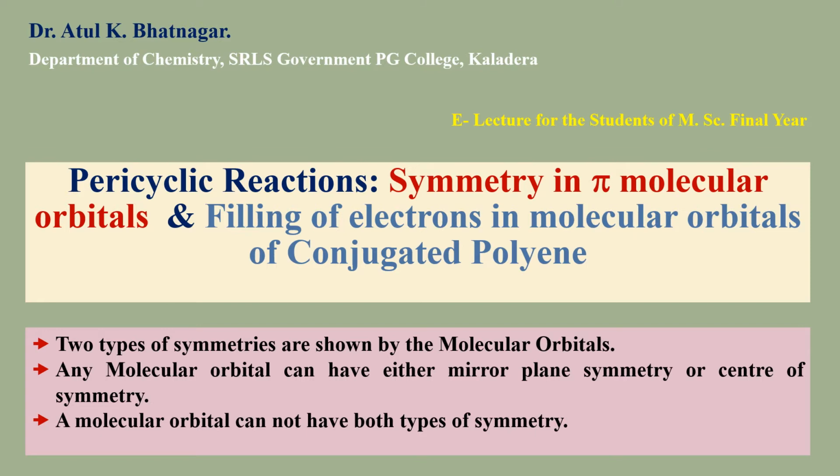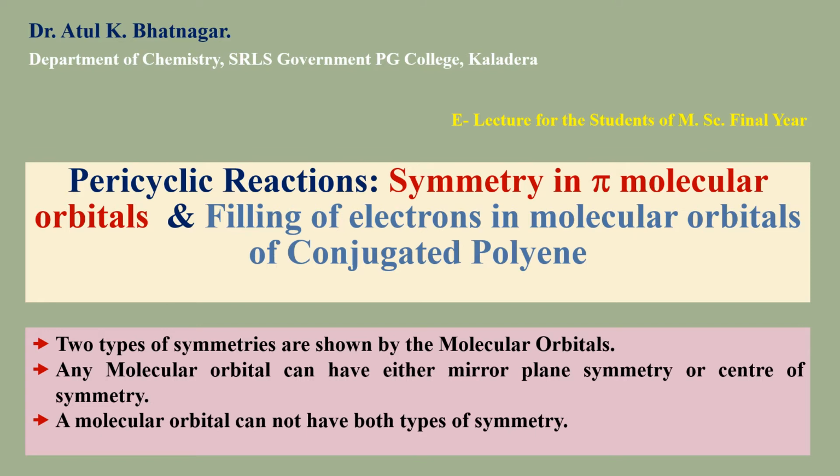Two types of symmetry are shown by the molecular orbitals. One is known as mirror plane symmetry and another is known as center of symmetry. If the molecule is showing mirror plane type of symmetry, then it cannot show center of symmetry.